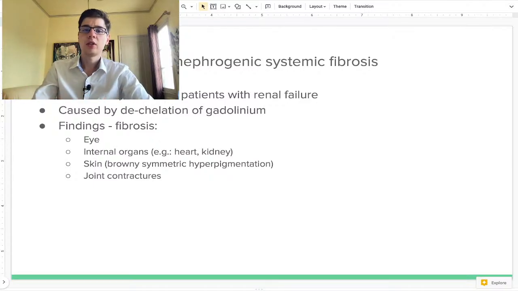The usual findings are represented by fibrosis at the level of the eye, at the level of the internal organs such as heart and kidney, at the level of the skin. This finding is specific for gadolinium-induced nephrogenic systemic fibrosis. It is represented by brownish symmetric hyperpigmentation. And lastly, we will find joint contractures.